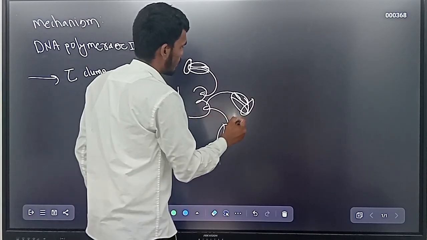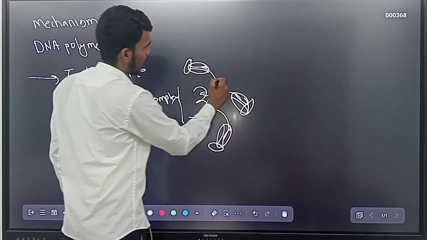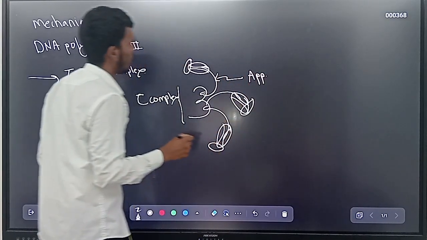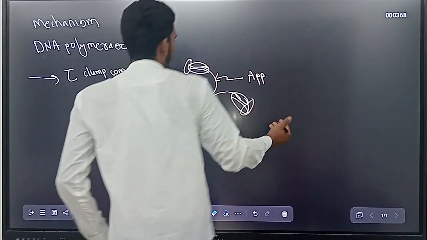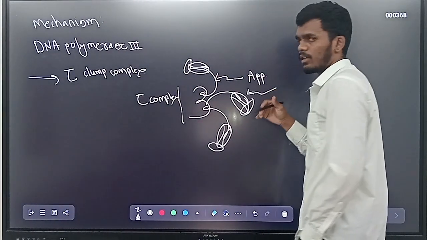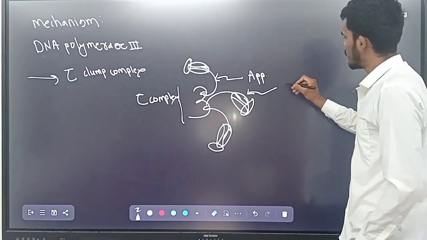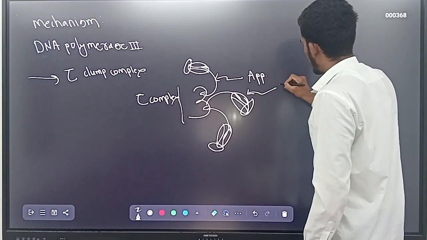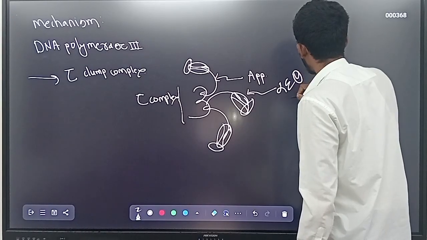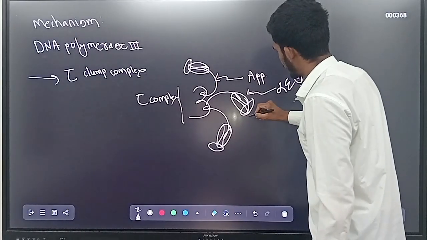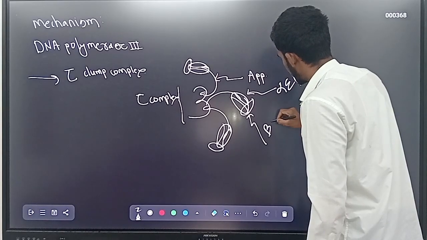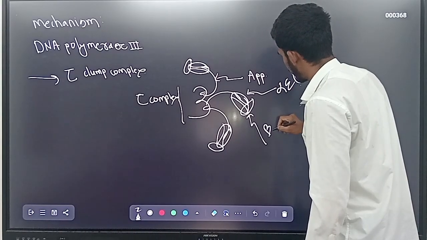DNA polymerase 3 is made of a tau type of clamp complex. So the tau complex will have a binding nature. So I will make the diagram for this.